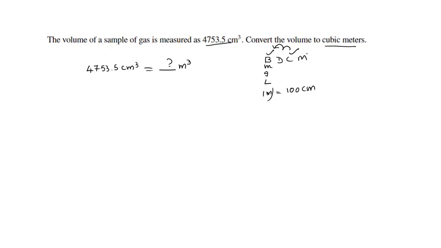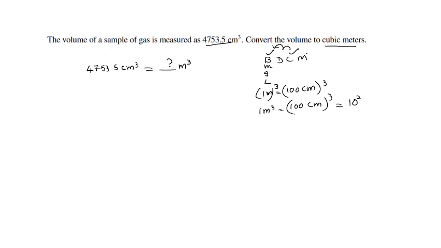So we have to take it 3 times, right? To the power 3, cube. We have to take the cube. And then 1 meter cube equals 100 centimeter to the power 3. 100 means 10 to the power 2, so we have to multiply 3 times.